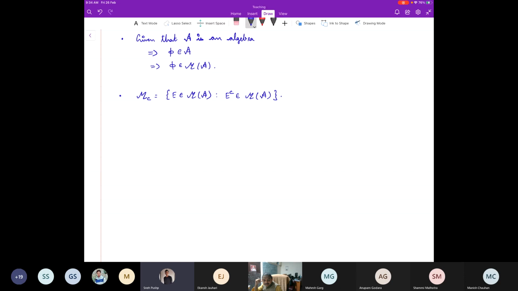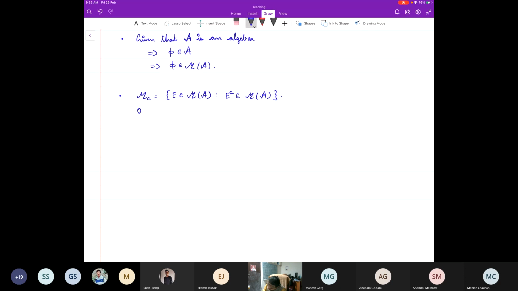Because the empty set belongs to M of A, and its complement omega is also in it.